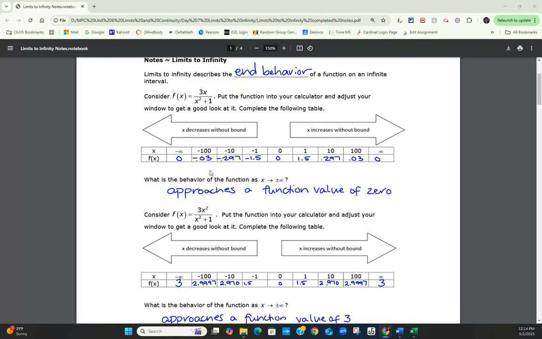But what you want to notice is on this graph, as x is going to negative infinity, so on the left, the function seems to be approaching the x-axis, and the same thing seems to be happening as x approaches infinity on the right. So we would say the end behavior of the function as x approaches either positive or negative infinity, it approaches a function value of 0, which is what the limit is.